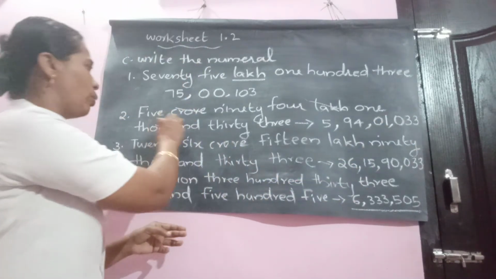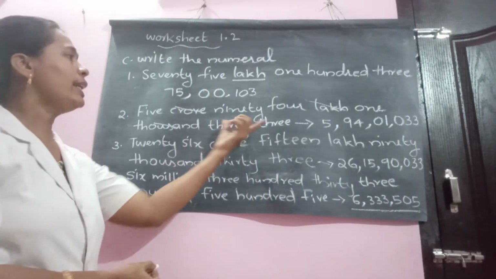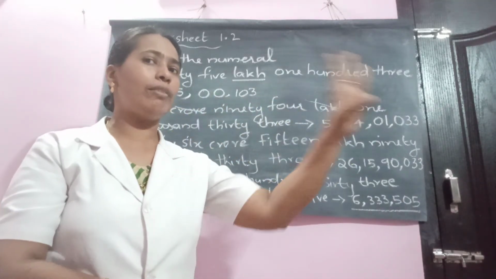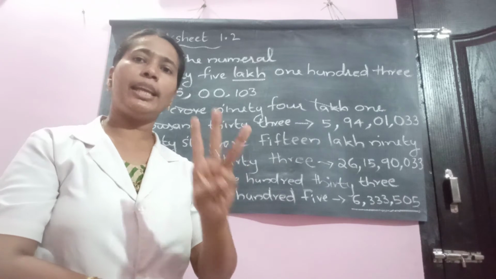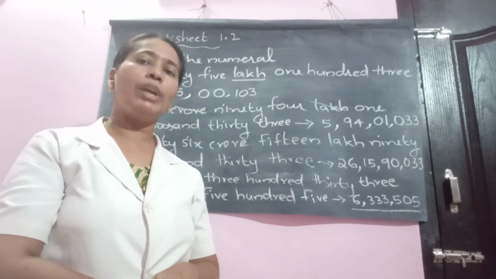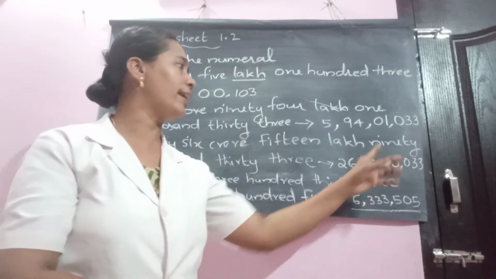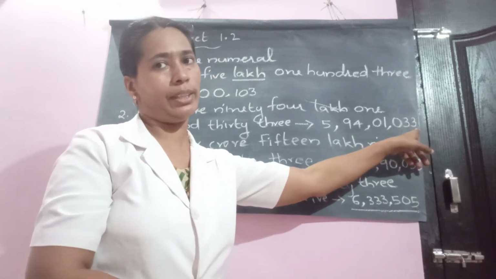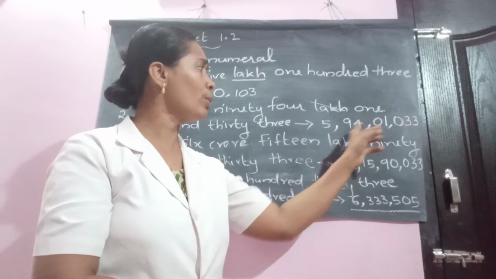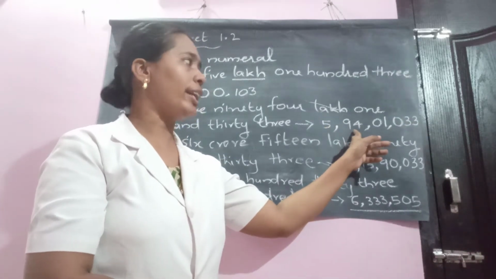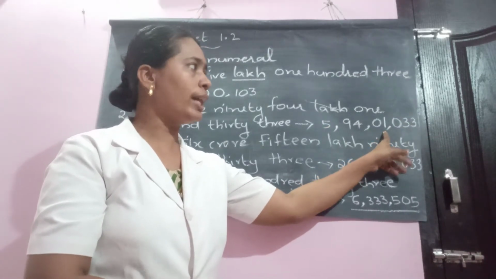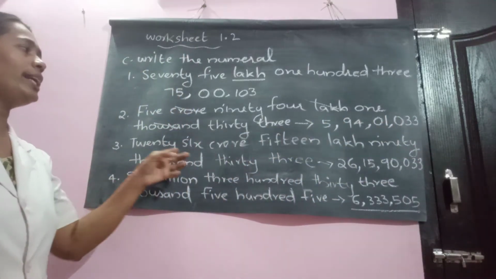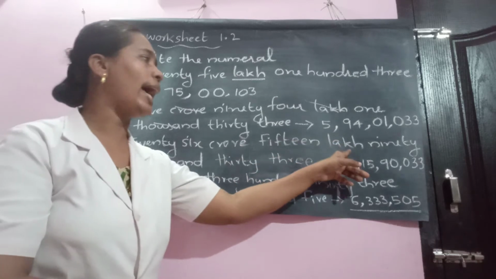Then instead of thousand we put a comma. Then only 33 is given, but we need 3 digits in the ones period. 33 has only 2 digits. So, how do you fill the hundreds digit? The hundreds digit by 0, then tens by 3, ones by 3 itself. Okay. So, this is 5 crore 94 lakh 1033.